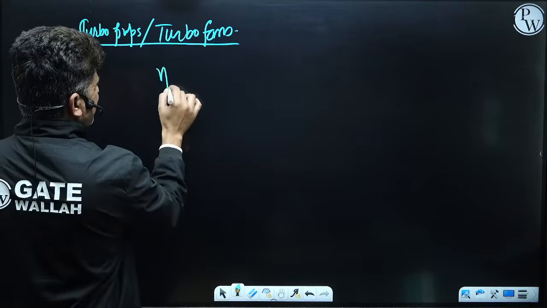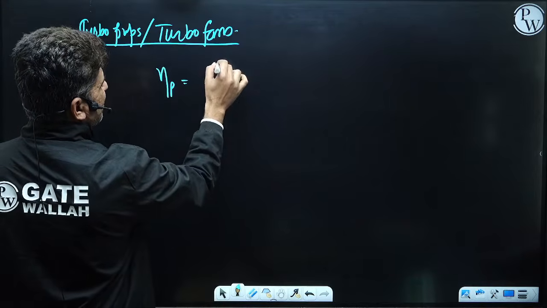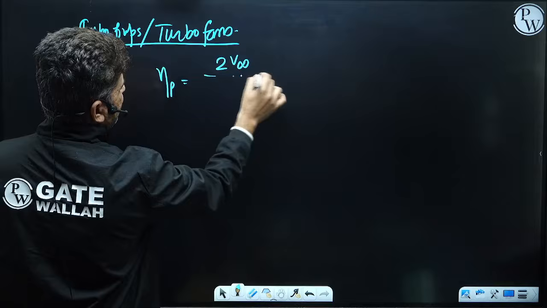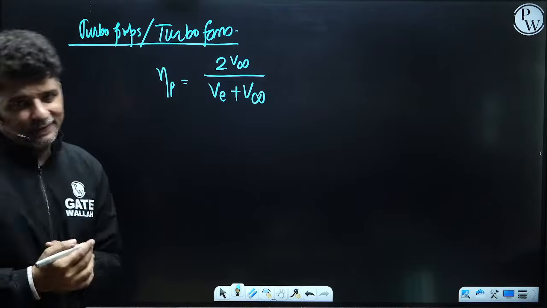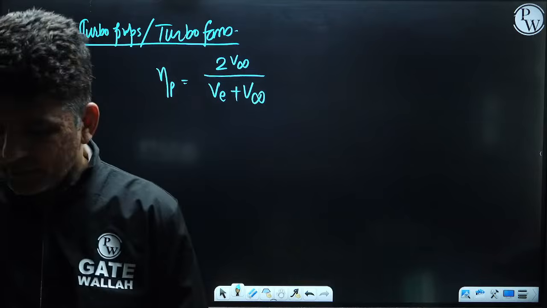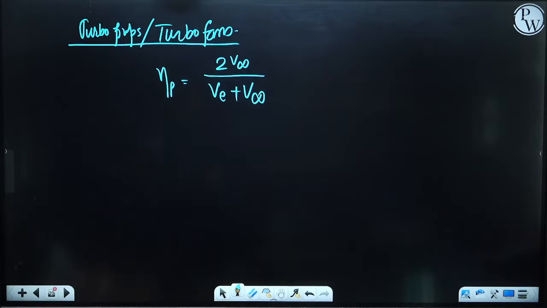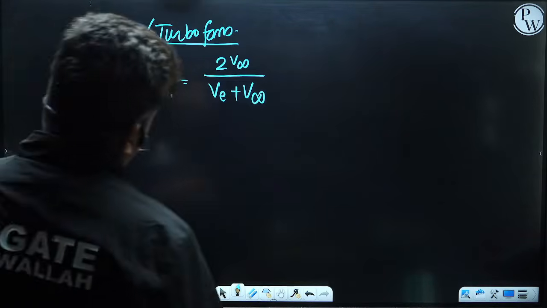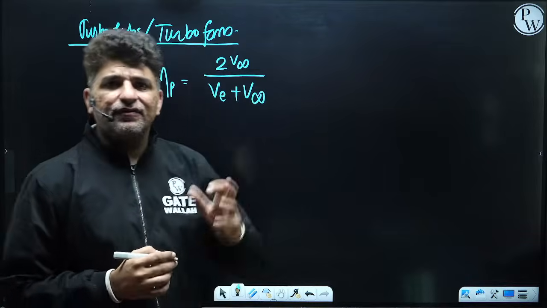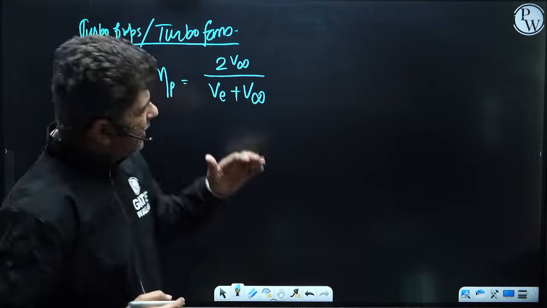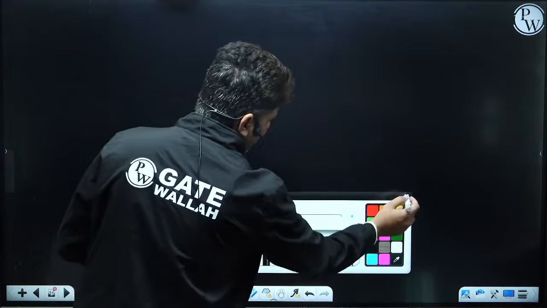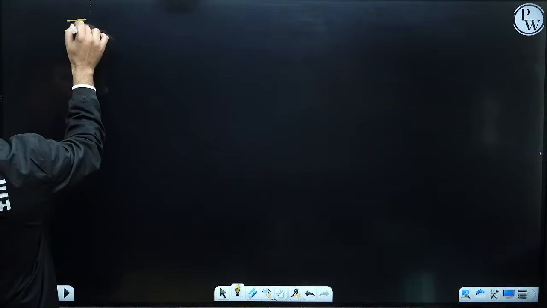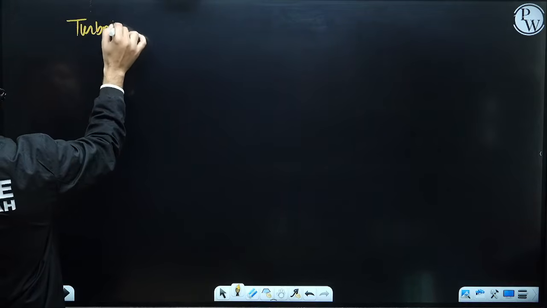So propulsive efficiency in both cases will be equal to 2V infinity divided by V exit plus V infinity. I hope it is clear to everyone. Again, this is for the cases of turbofans and turboprops. Now let's discuss what happens in case of turbojets. Turbofans we have discussed, but now turbojets.